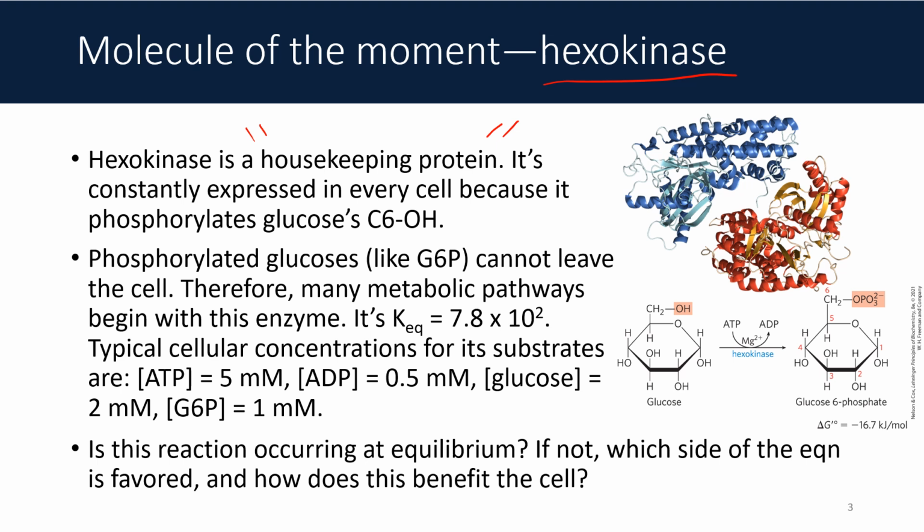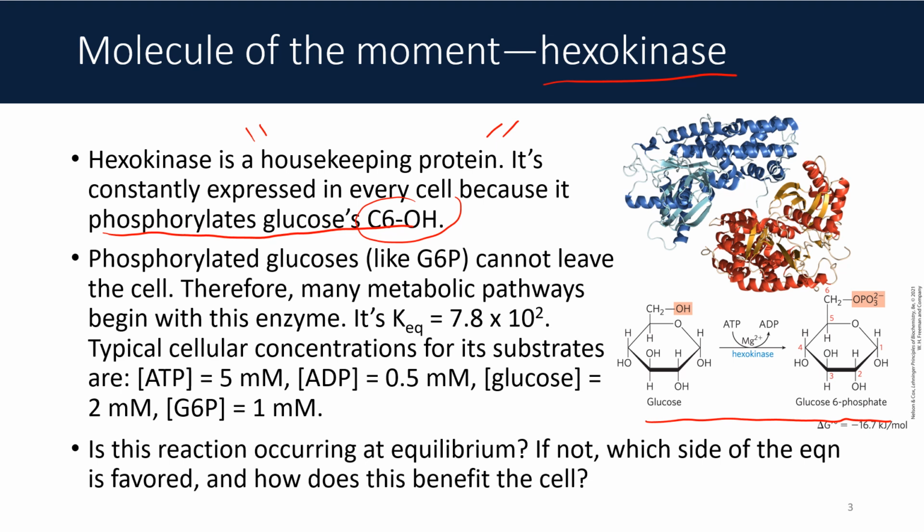It will constantly transcribe hexokinase because we constantly need to phosphorylate glucoses. And specifically, hexokinase will phosphorylate the hydroxyl on the sixth carbon. And in this schematic, we visualize what that transformation looks like.